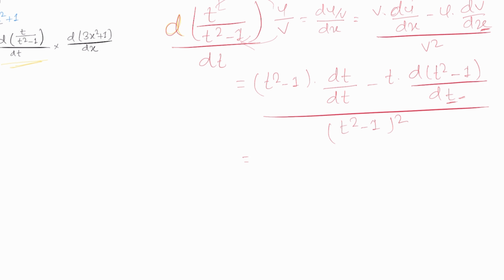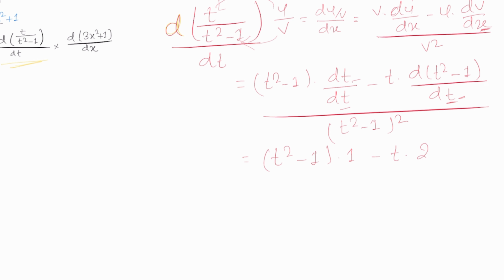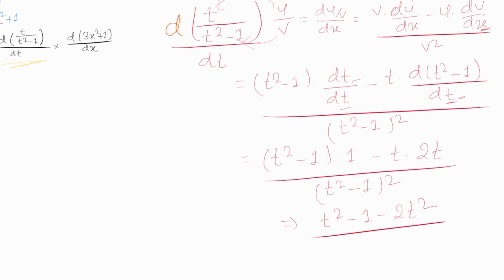Now we know that the derivative of t with respect to t is 1. So we will have here in the numerator (t minus 1) times 1 minus t times 2t, divided by (t square minus 1) whole square. So from here we will have t square minus 1 minus 2t square by (t square minus 1) whole square.